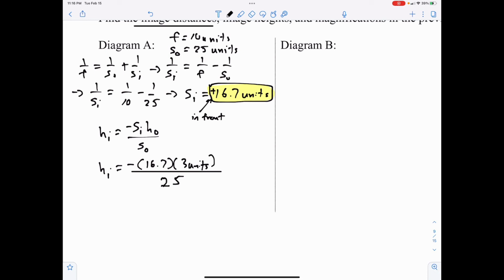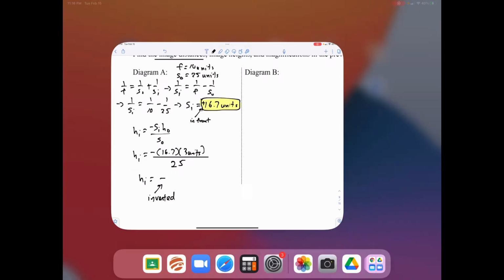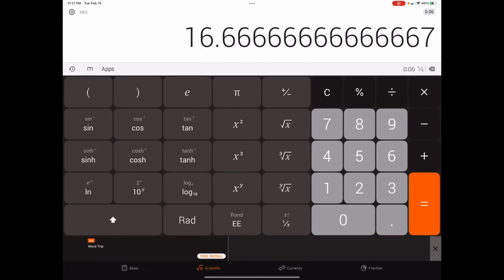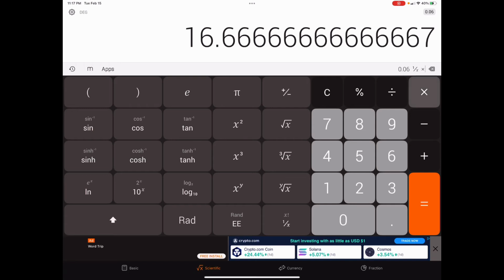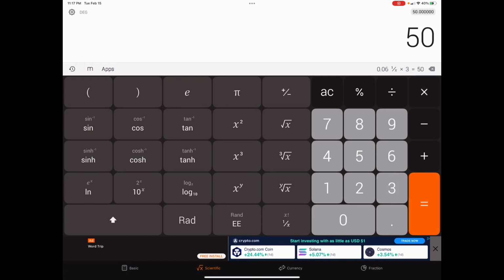then what I would do is my height is negative. What does the negative tell me? It's inverted. Negative height's inverted. So I'm going to go negative 16.7 times 3, divided by 25, which was my SO.